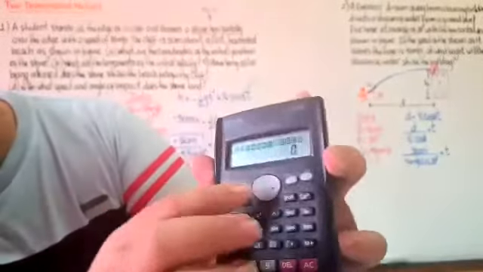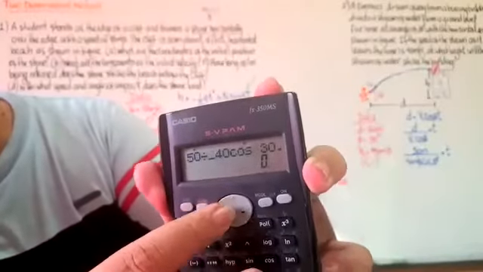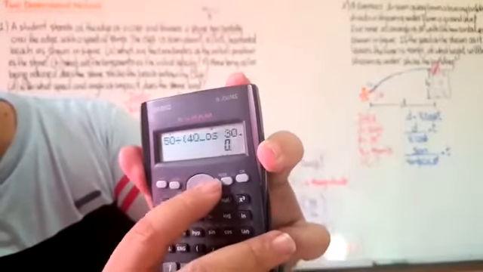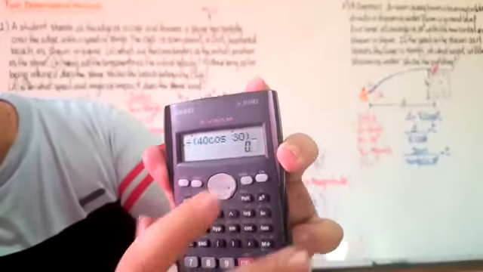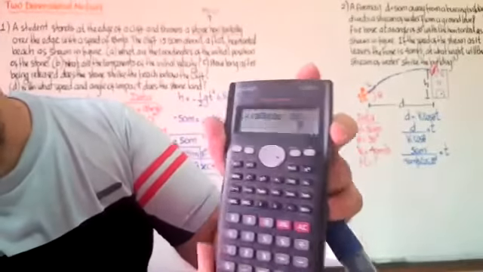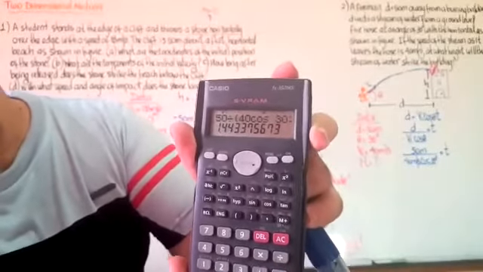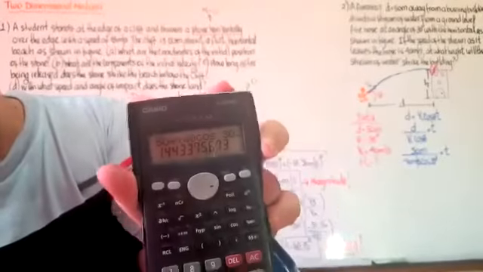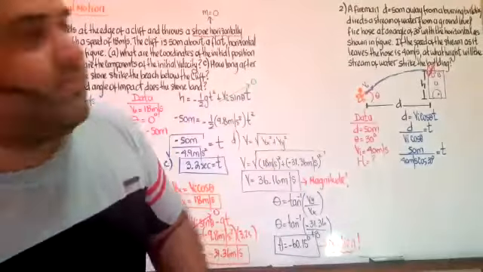I don't know if you can see that. Once again, 50 divided by parenthesis 40 cosine 30 degrees, and push the equal button. The answer will be 1.44 seconds.